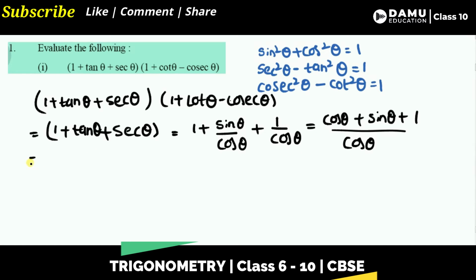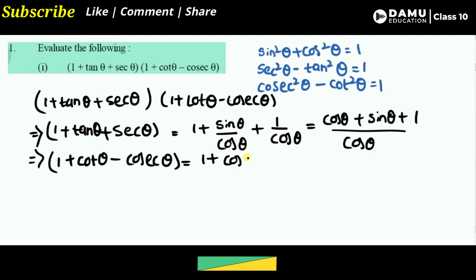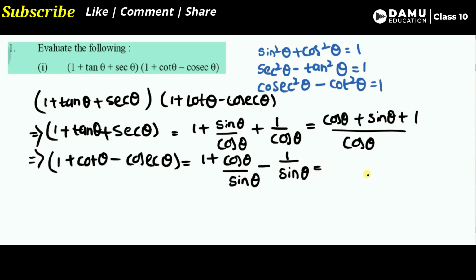Then the second group, 1 + cot θ − cosec θ: write cot θ as cos θ by sin θ, and cosec θ as 1 by sin θ. Let's take the LCM, which is sin θ. So we get (sin θ + cos θ − 1) by sin θ. Now let's take the product of both groups.